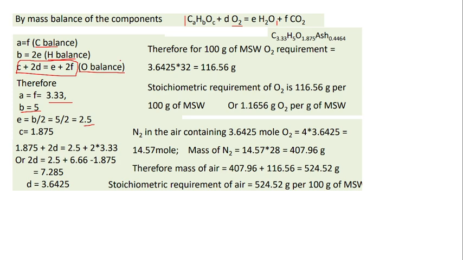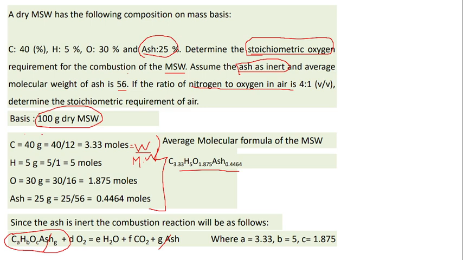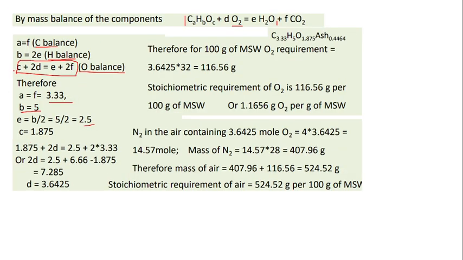Now you know all the values. C is 1.875, E from B is 2.5, and F is the same as A, 3.3. Substitute all the values here to find the unknown value of 2D. 2D is 7.285. So D is 3.645.